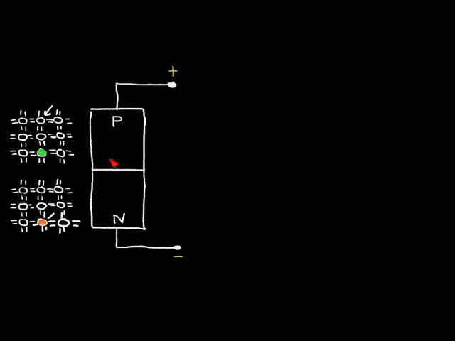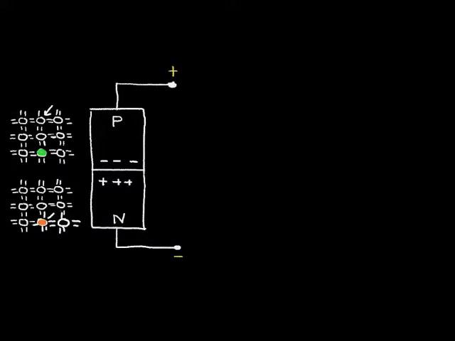So what happens is that these holes can diffuse from this p region over into this n region. Now, recall that holes can be thought of as positive charges. So over here, we develop positive charges. And some of these electrons from this n region can diffuse over into the p region, and this p region will become negative.